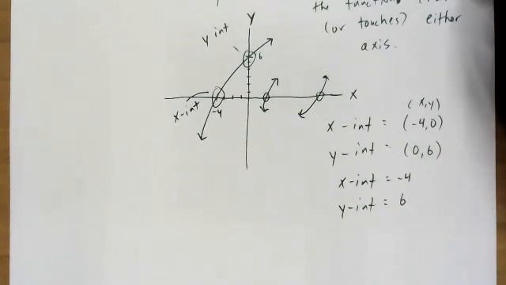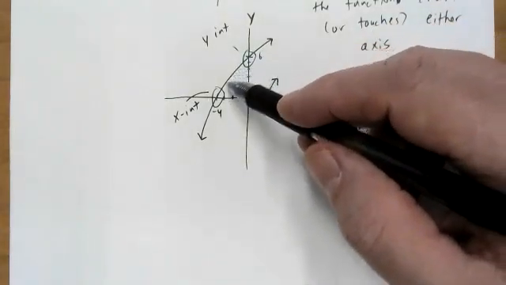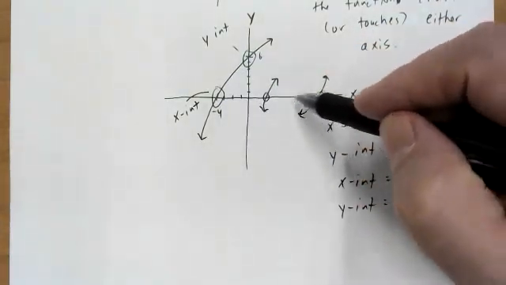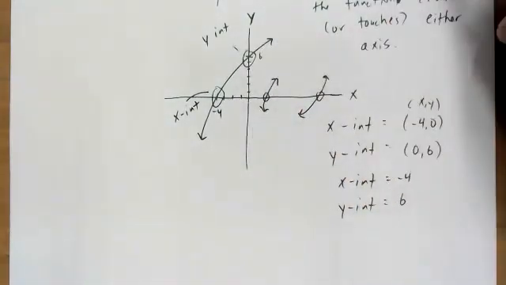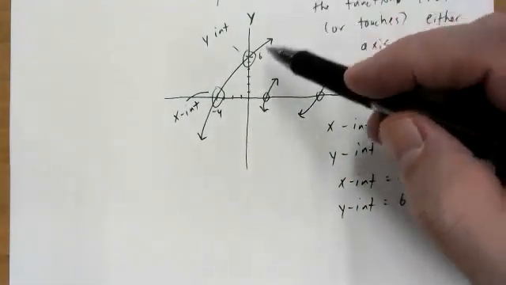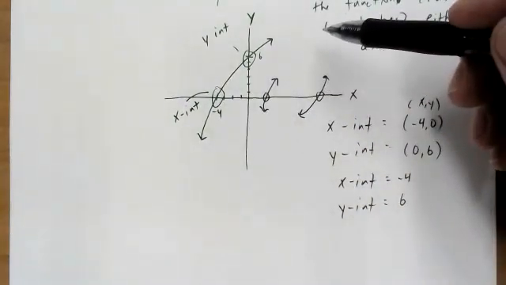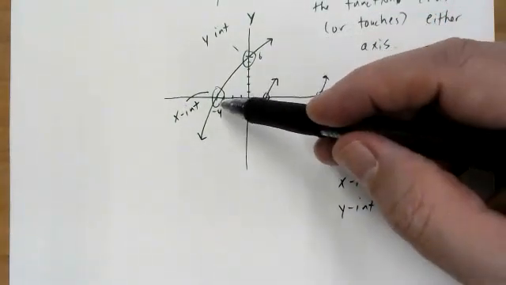Matter of fact, anytime you have an x-intercept, the value of y will always be 0, because that's by definition what's going on. Whenever you intersect the x-axis is basically y equals 0. So when you describe an x-intercept, the only interesting part of it is the value of x.